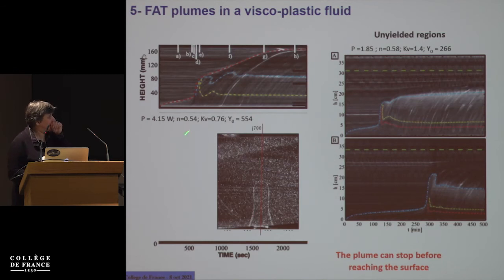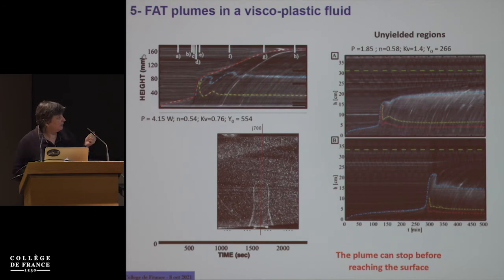And in fact, as your plume is going up, it's going to lose its temperature by thermal diffusion in the surrounding mantle. And so you can reach a level where this criterion is not going to be true anymore. And then the plume can stop before reaching the surface.